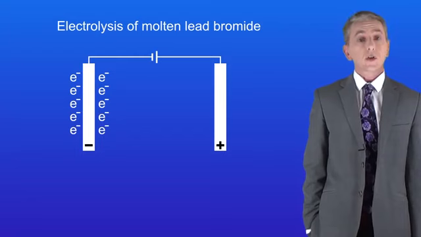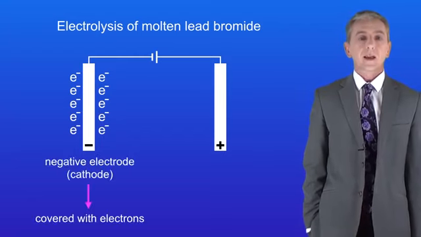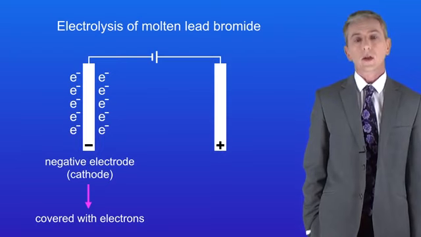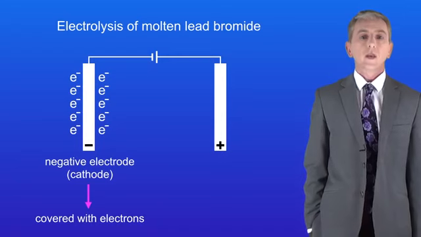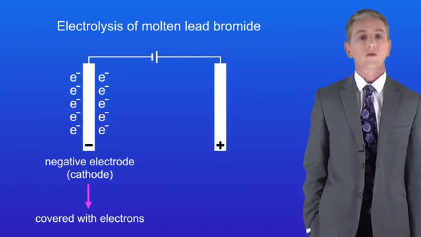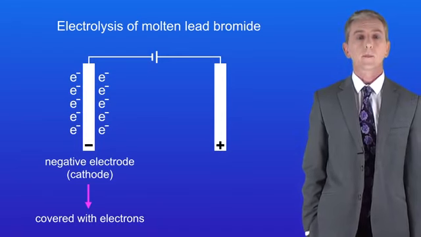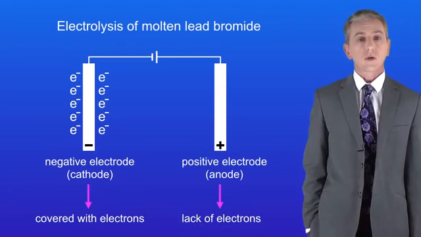These are made of a conducting material such as graphite or a metal. The negative electrode is called the cathode. That's attached to the negative terminal of a power pack. Think of the cathode as being covered with electrons which are coming from the power pack. The positive electrode is called the anode. That's connected to the positive terminal of the power pack. Think of the anode as having a lack of electrons.